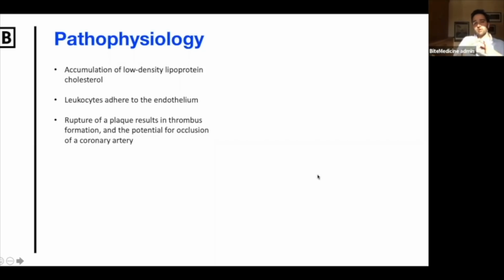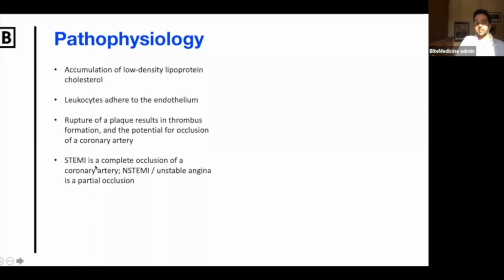It grows and grows, you get platelets aggregating around those regions, and then that can potentially occlude your coronary arteries. When that occlusion occurs, if it's partial, you get ischemia, and if it's complete, it can potentially result in an actual infarction, so myocyte cell death. As I said, ST elevation myocardial infarction is complete occlusion, and non-ST elevation or unstable angina is partial occlusion of normally one of your major coronary arteries that we just mentioned.